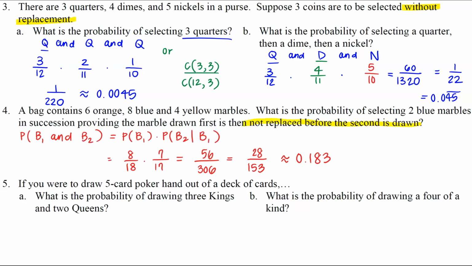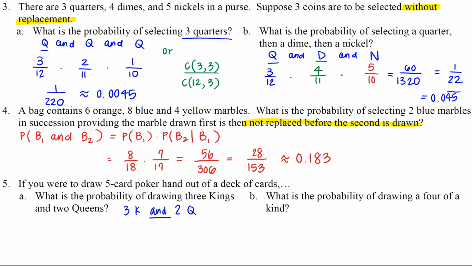Lastly, for question 5, if you were to draw a 5-card poker hand out of a deck of cards, what is the probability of drawing 3 kings and 2 queens? So 3 kings and 2 queens. What we want to do here is first find the sample space. What is the total number of ways I'm able to draw a 5-card poker hand from a deck of cards?